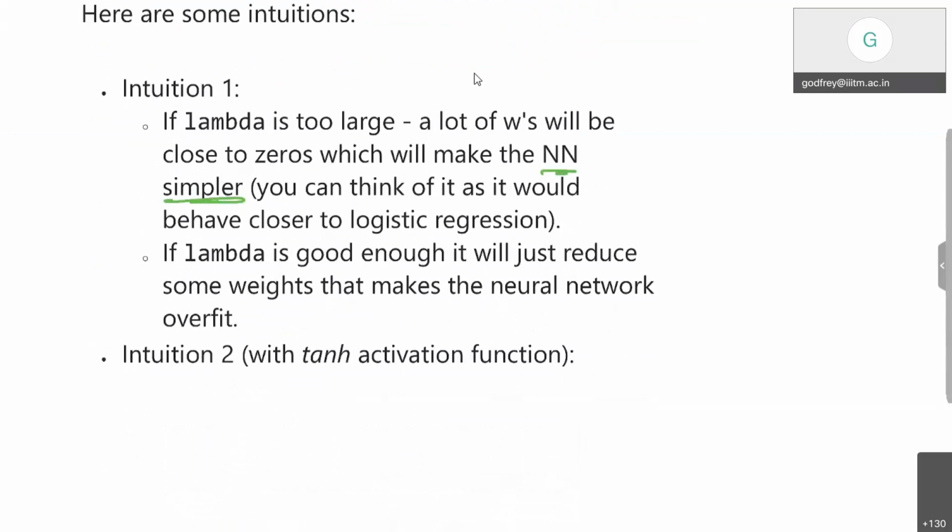So now it means that it will behave as close to logistic regression. Now if lambda is good enough, it will just reduce some weights, which makes the neural network able to arrive at the right answer without affecting the model.